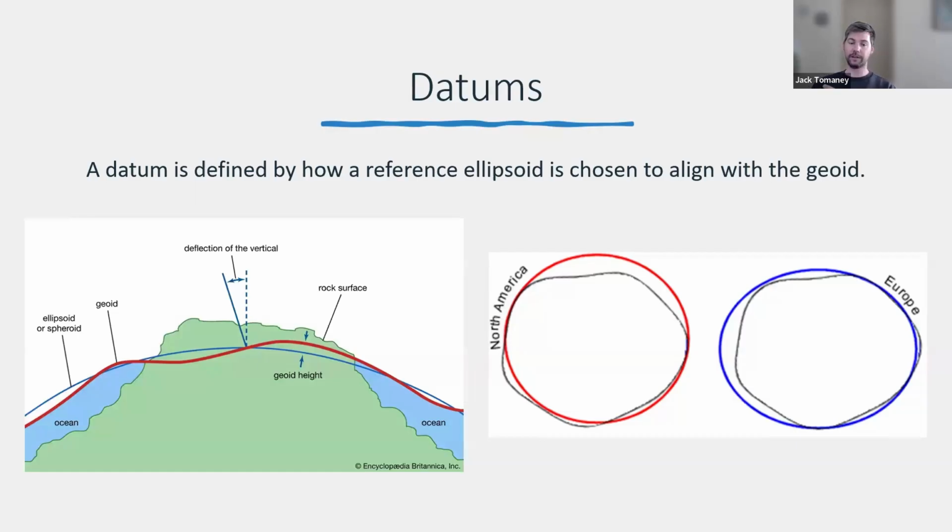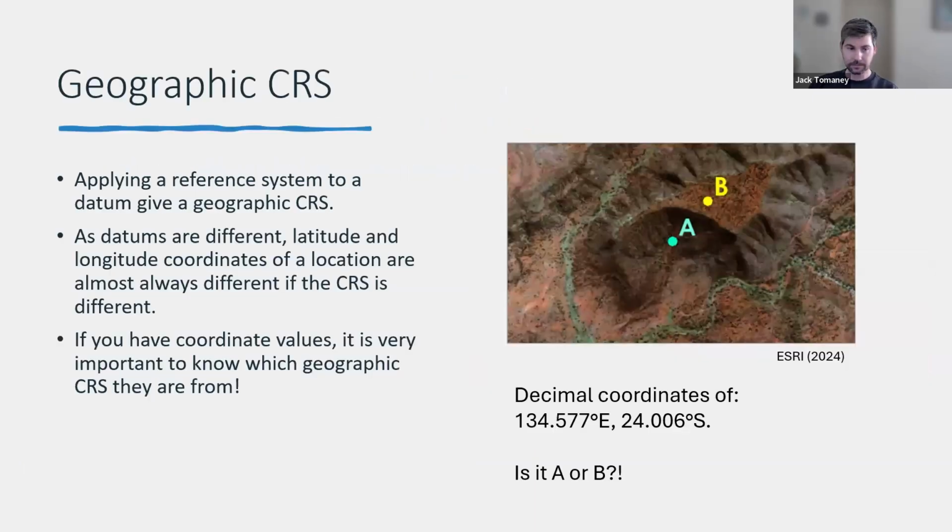Some have been designed to fit the whole Earth reasonably well, and others have been designed to fit specific regions very accurately. And the way we align this model to the Earth is called a datum. When we combine this reference ellipsoid, so our model of the Earth, a datum, and latitude and longitude coordinates, we then get what's called a geographic coordinate reference system.